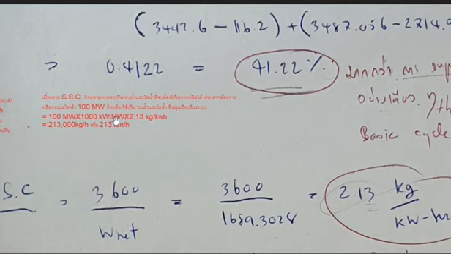We have to change from megawatt to kilowatt first, and then multiply by 2.13 kilogram per kilowatt hour.